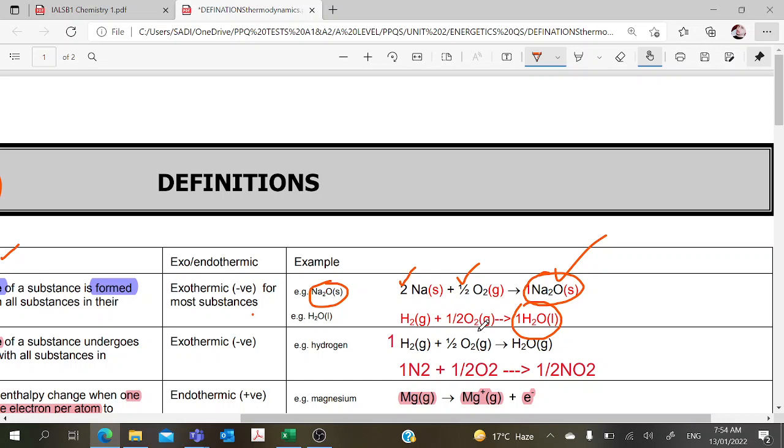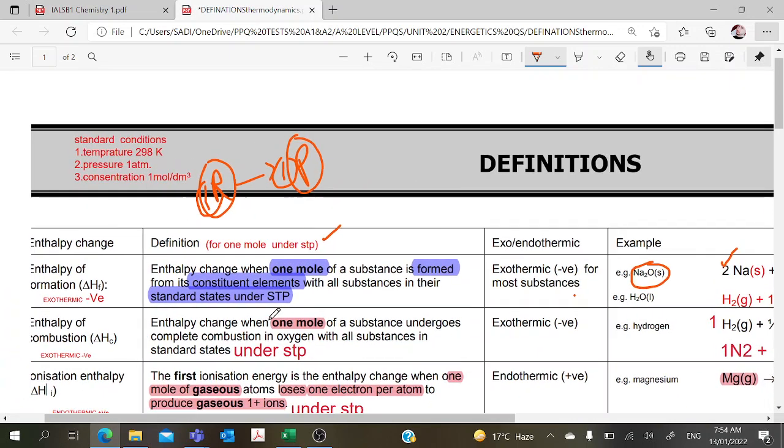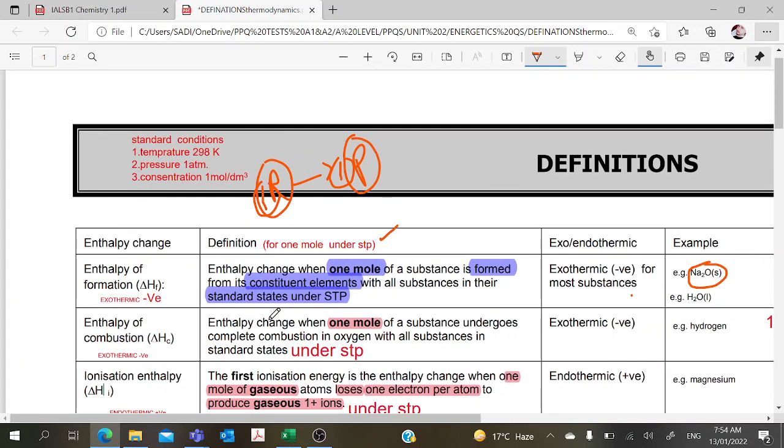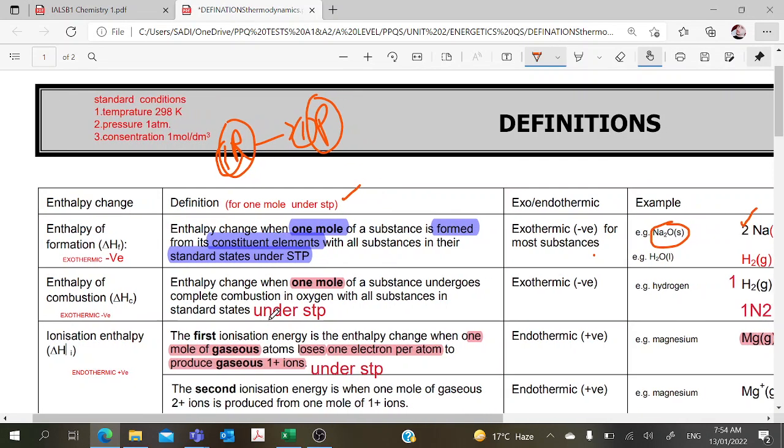So see, half mole of oxygen in gaseous standard state, and 1 mole of hydrogen is needed for it. That will make 1 mole of water. Clear with this? Yes. Okay. I'm recording this session also, so it will be uploaded on my YouTube channel. Just watch it there later on if you don't understand.